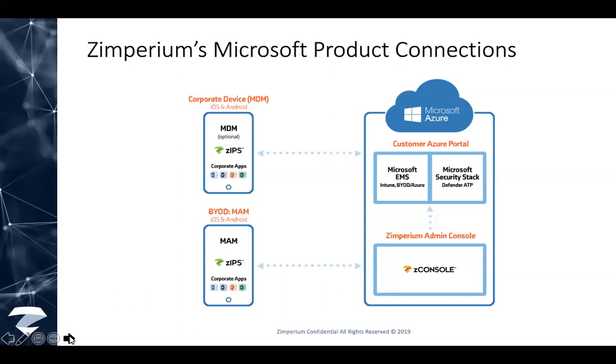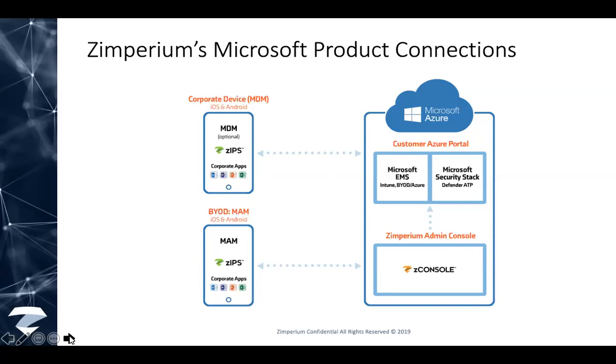So now you can enforce app protection policies that make sure that those BYOD devices are protected with the Zimperium Zips app protection. And if we do detect any kind of threat, we can use the conditional launch capabilities of that Intune MAM to block access to different enterprise applications, like Office 365 apps, and a lot of different apps from Microsoft, and even third-party apps that include the Intune MAM SDK.